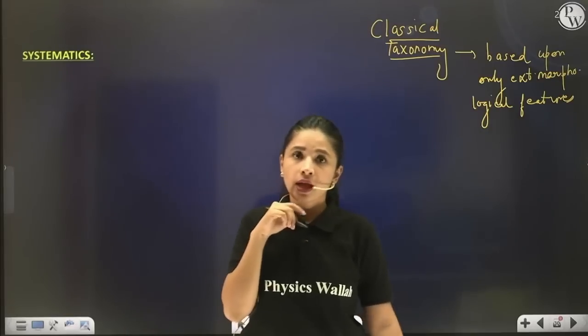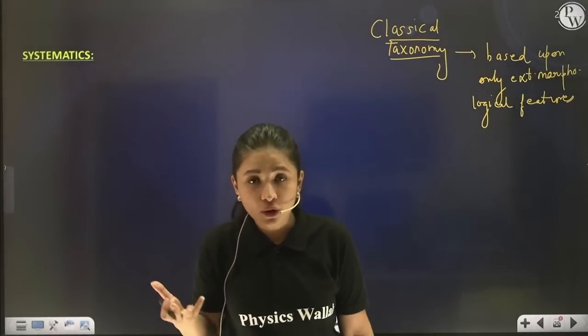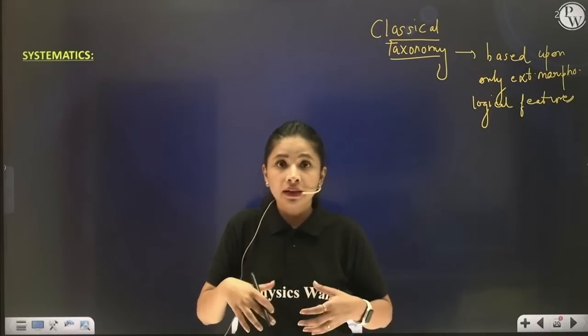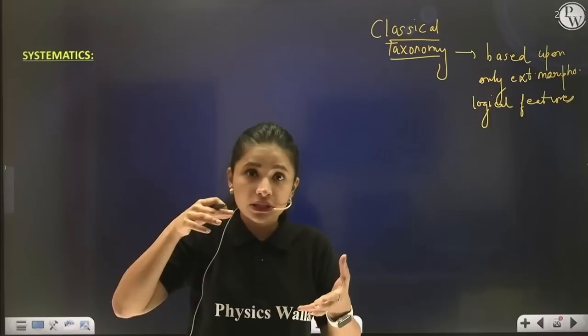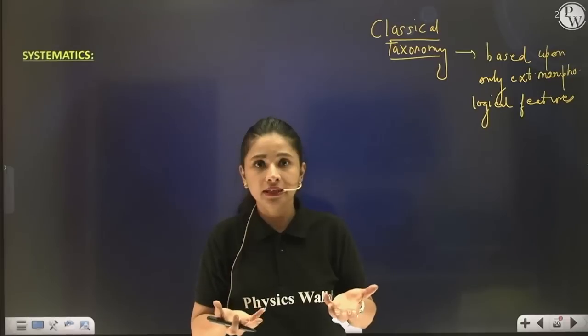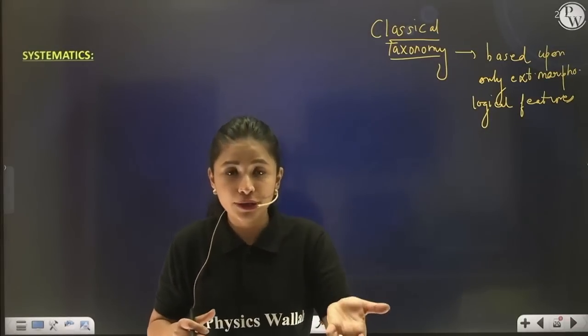Okay, but with time advancement came, technologies got advanced, better microscopes were designed, people got an opportunity to study the parts which are present inside the body as well. So obviously taxonomy is also going to get advanced, taxonomy is also going to get modern.